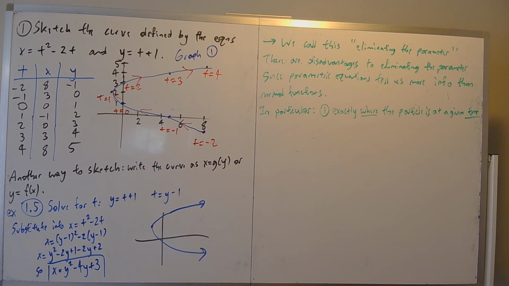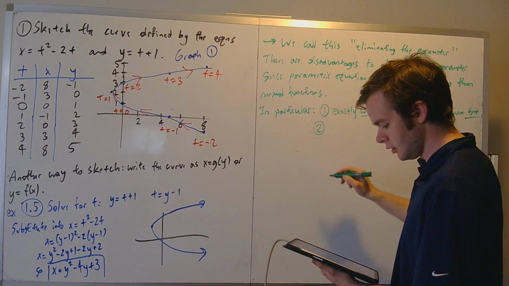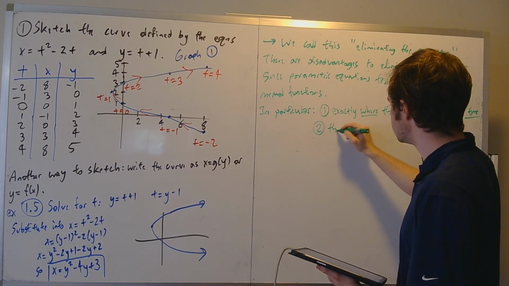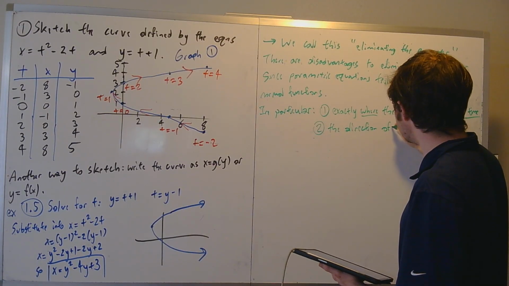Right, so that's the first piece of information it gives us. And the second piece of information that it gives us is the direction of motion.